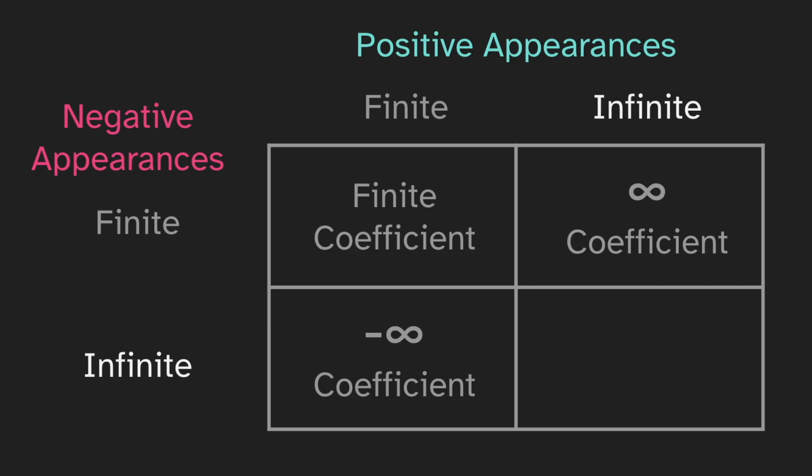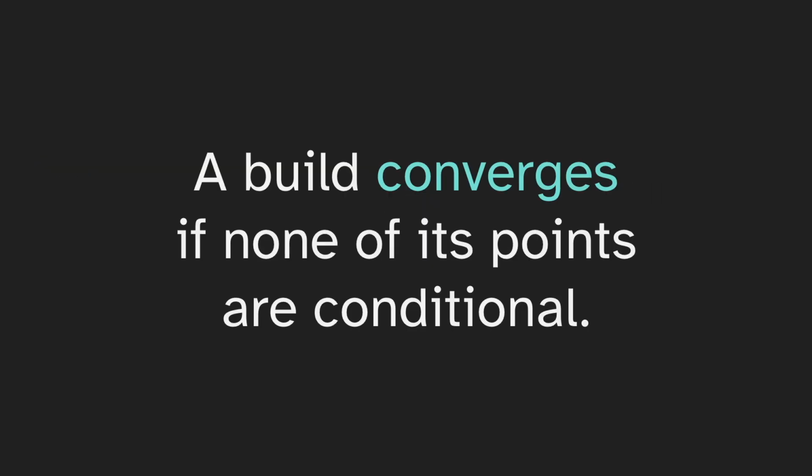The only problem comes when we have infinite of both. And we saw this before with repeatedly adding and subtracting the triangle. So we'll say that this kind of point is conditional, because whether it stays at 0 or goes off to infinity or negative infinity depends on the order. So we'll redefine, we'll say a build converges if none of its points are conditional.